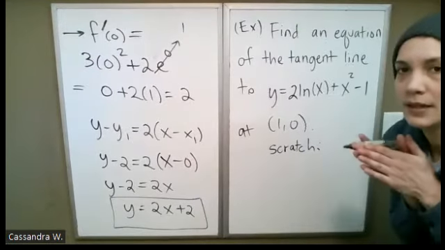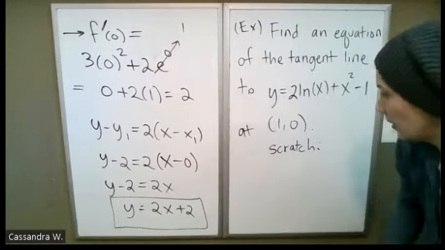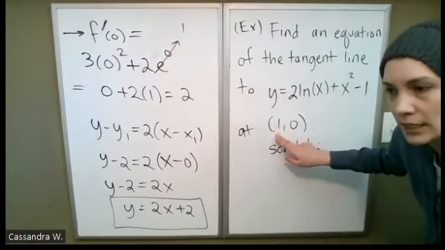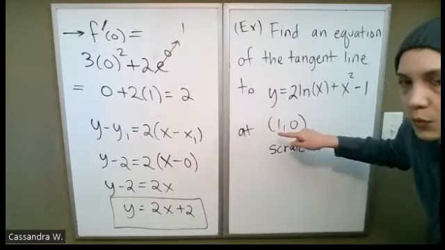If we get f prime of 1, you'll have the slope of your tangent line to that function at that point.